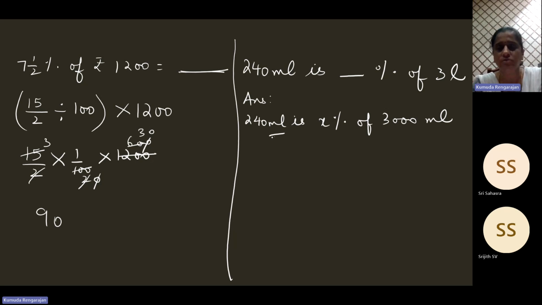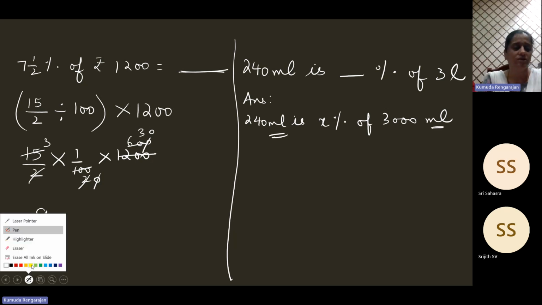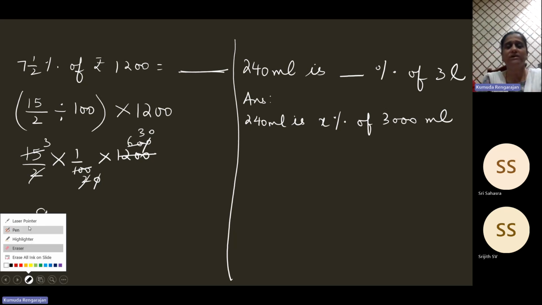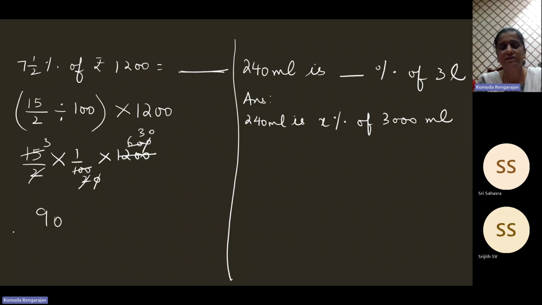Because this is ml, the liters also should be converted to milliliters. In one equation, there should be only one unit. You cannot have different units like milliliters and liters.